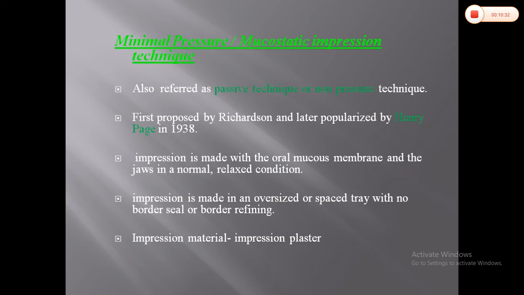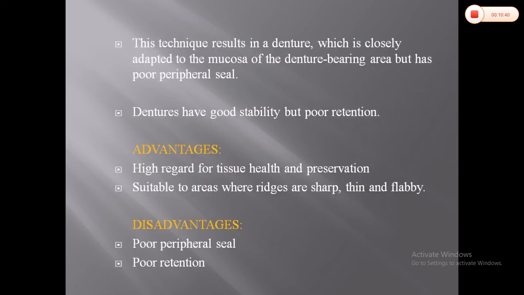Generally, you use oversized impression trays for making this impression. The materials used for this technique are impression plaster or alginate. But with this technique, the dentures you get will have good stability but poor retention because you don't have much adaptability of the material to the tissues.